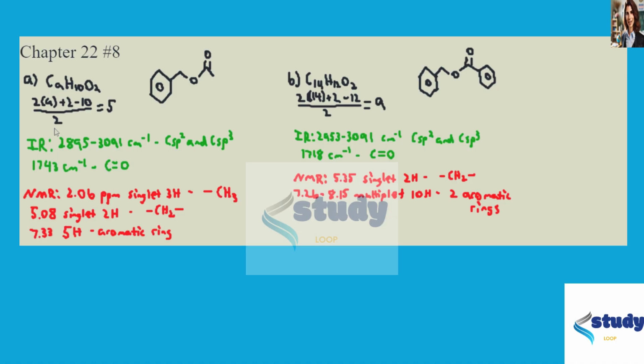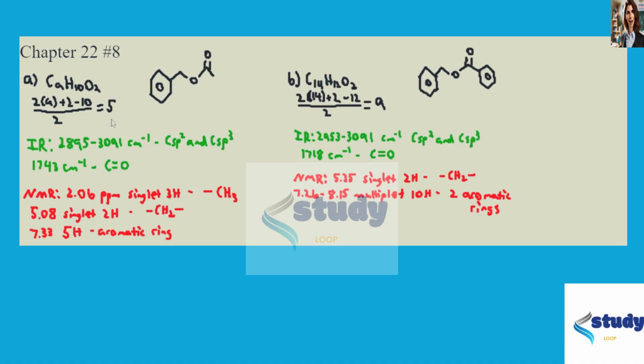From there, I would move on to the IR, which is good in this instance because it can identify some functional groups for us. The first piece of IR data, 2895 to 3091 wave number, just tells us that there are sp2 and sp3 carbons in this molecule.